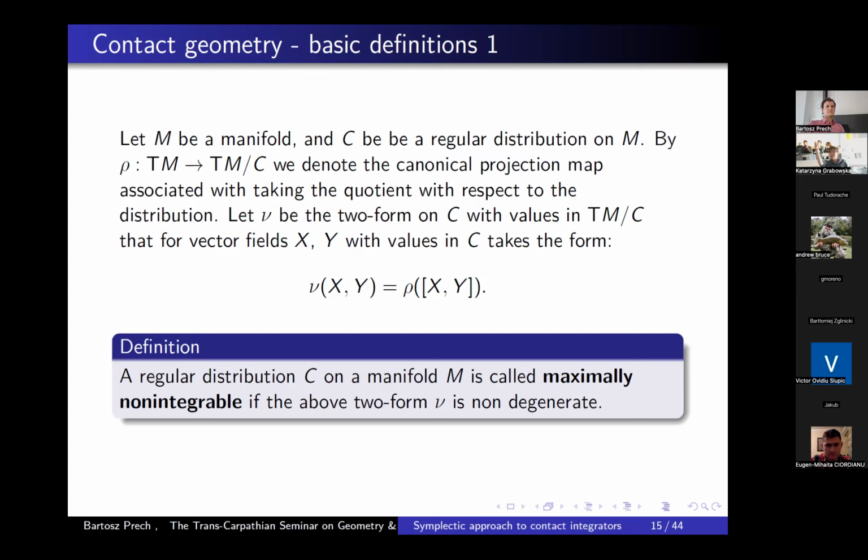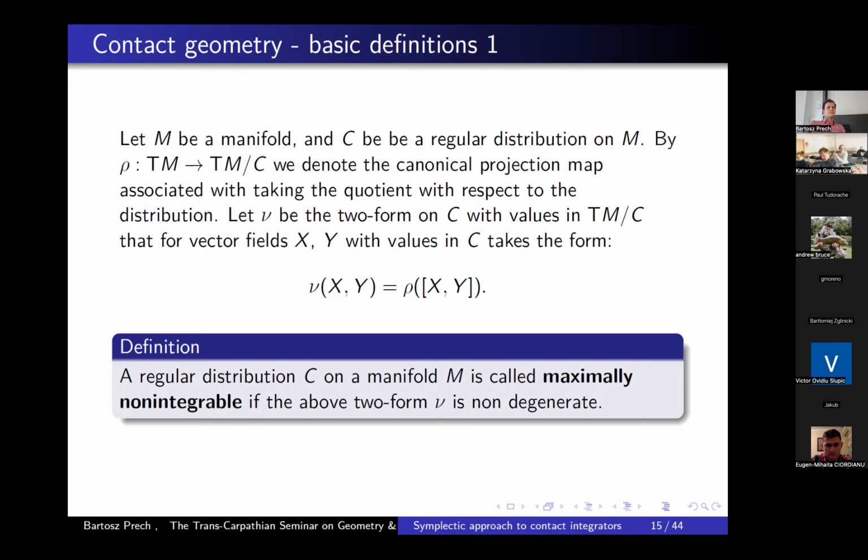I mean, you have here a form with values in the quotient. Yes, but a skew-symmetric two-form on an odd-dimensional vector space cannot be non-degenerate.